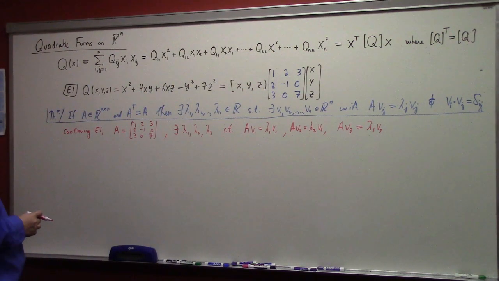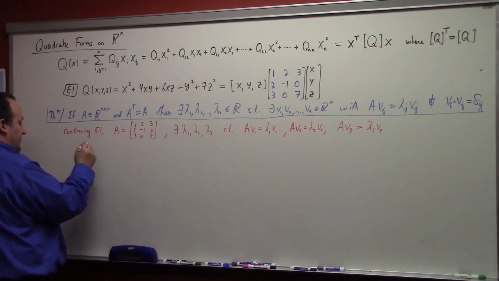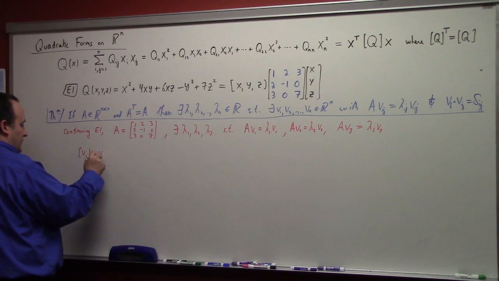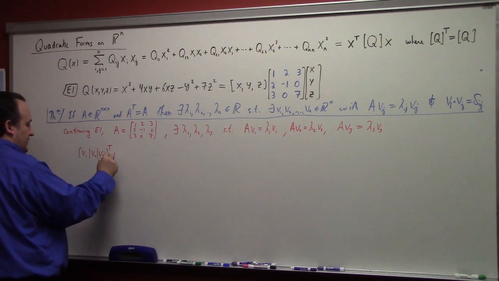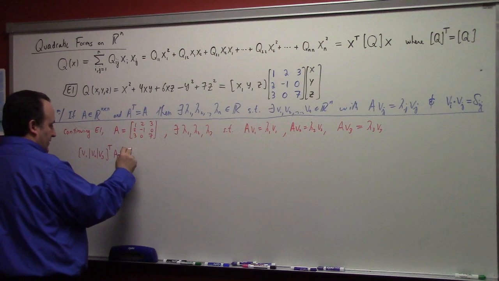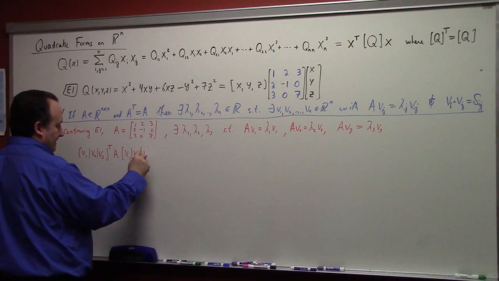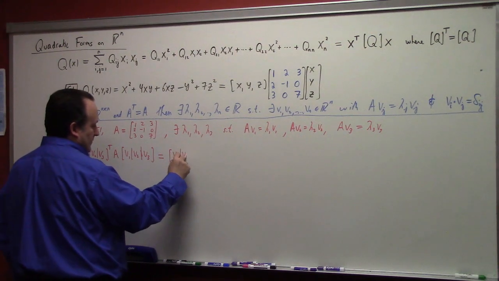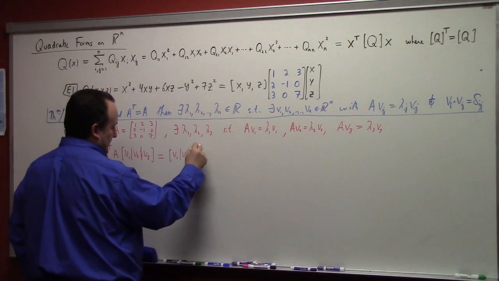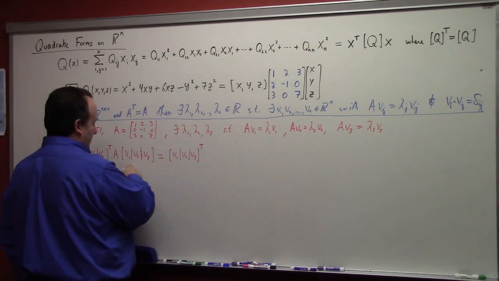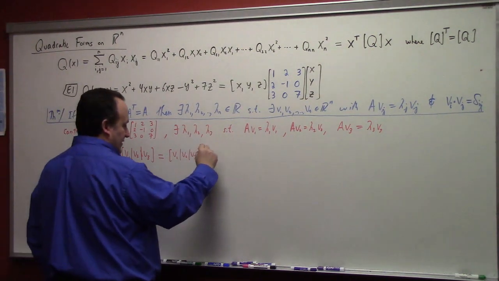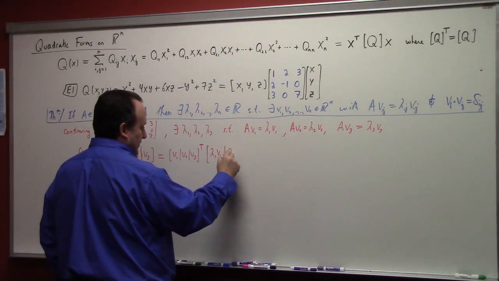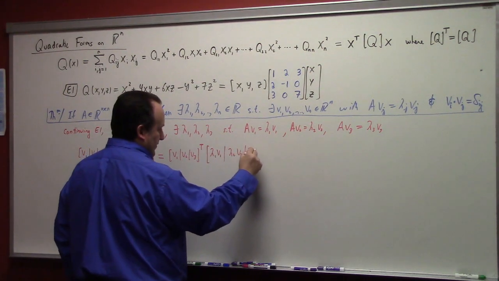And so if I take the matrix with columns v1, v2, v3, transpose times A times v1, v2, v3, like that, what I get, the transpose of the basis matrix, when I multiply A through here, I simply get lambda 1 v1, lambda 2 v2, lambda 3 v3.